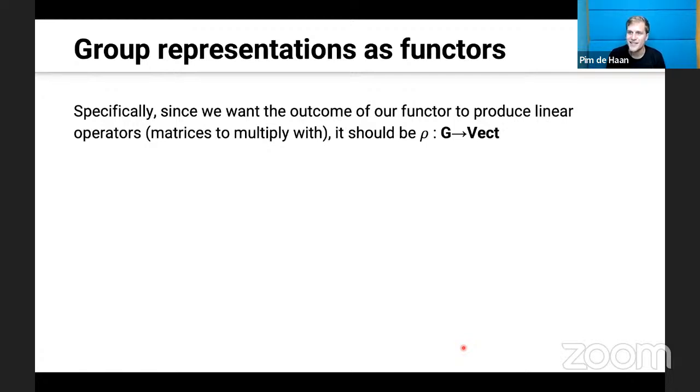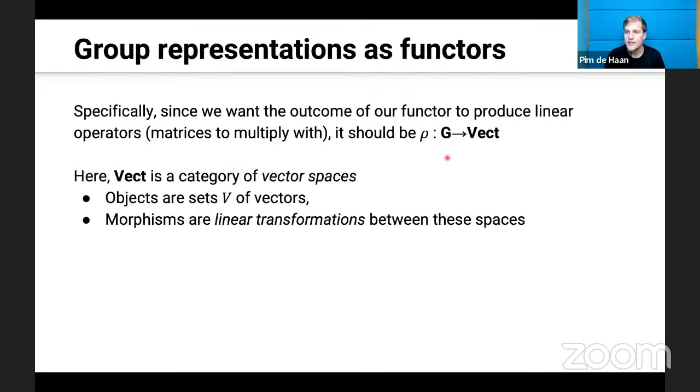Sorry if all of this is rehashed from Peter, but I thought it's very important to go over these basics again. And so these group representations can be very elegantly thought of as functors, namely functors from the category BG of a group to the category of vector spaces. And this category of vector spaces has as objects vector spaces and as morphisms linear transformations.